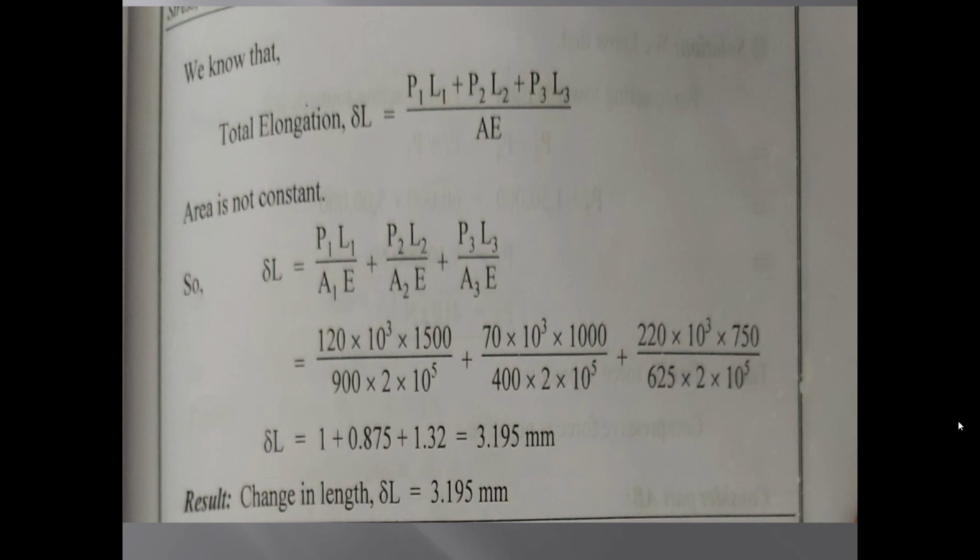Next, simplify this value, you will get 3.195 mm. So the change in length or elongation value is 3.195 mm.